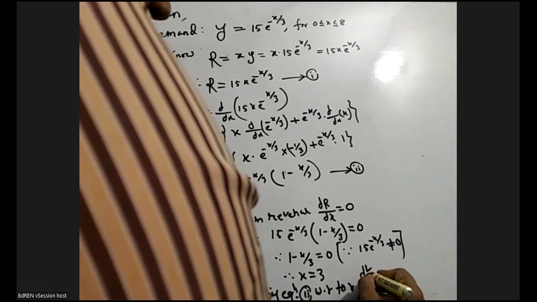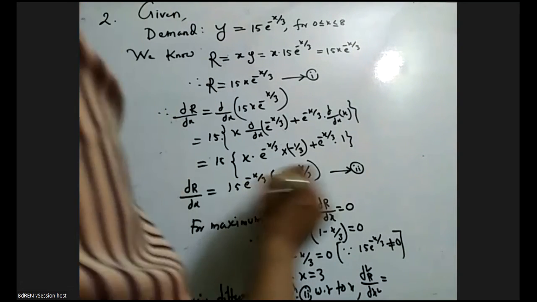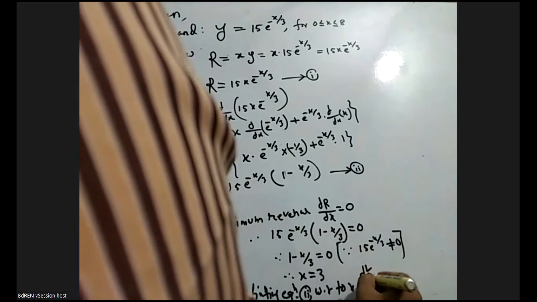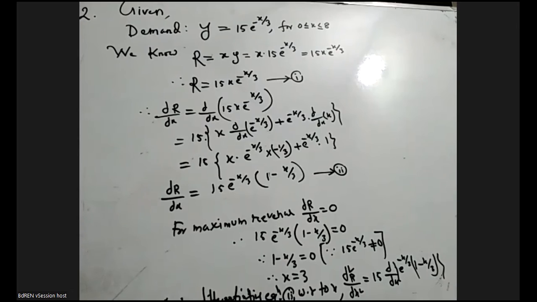So we get d square R by dx square, taking d/dx on both sides, double differentiation of 15 into e to the power minus x by 3, 1 minus x by 3. We just have to differentiate this one.